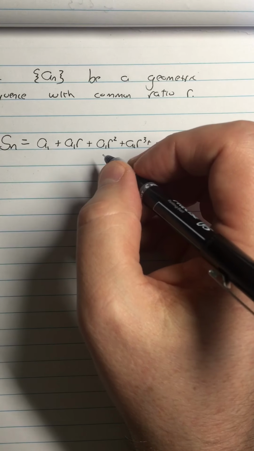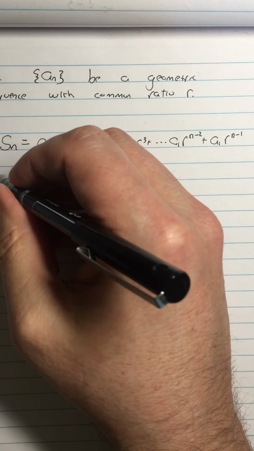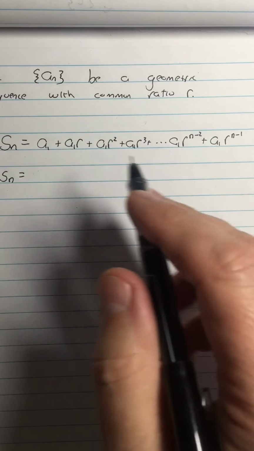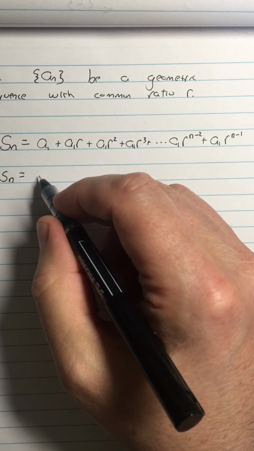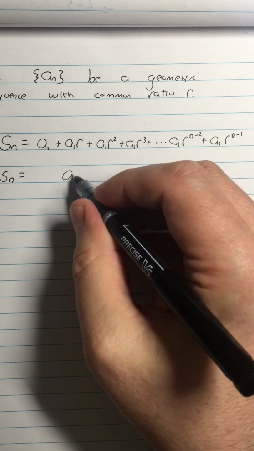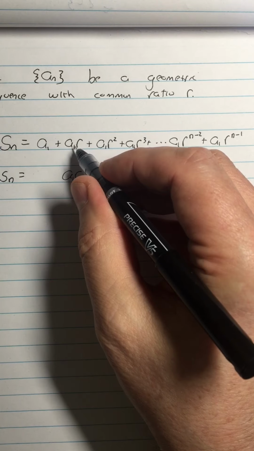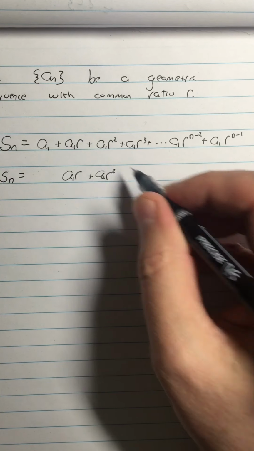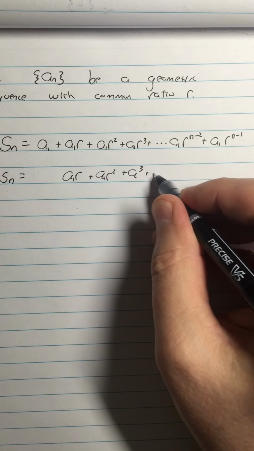Now, what if I just take that same expression and multiply it by r? Why? Because it works. So if I take all these terms up here and multiply them by r, I'm going to have a sub 1 r, if I multiply the first by r. So I'm going to put that over here. And when I multiply the next one by r, I get a sub 1 r squared. So I'm going to put that one over here. You can see I'm lining up terms, and it's going to keep going like that.